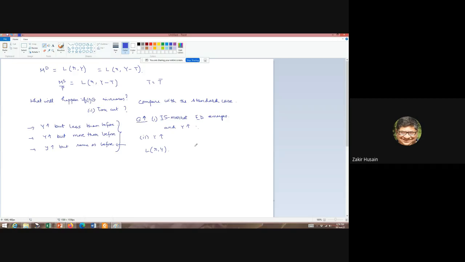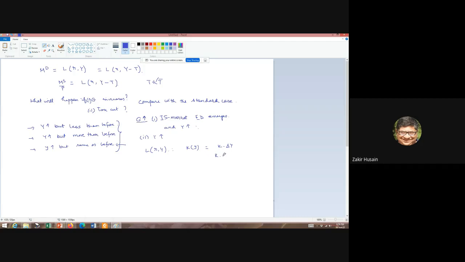So what will happen over here? If G increases, will there be any impact? If you take lump sum taxes, previously your transaction demand, if you take a function of this type and your y has gone up, it is going to go up by a into del y.